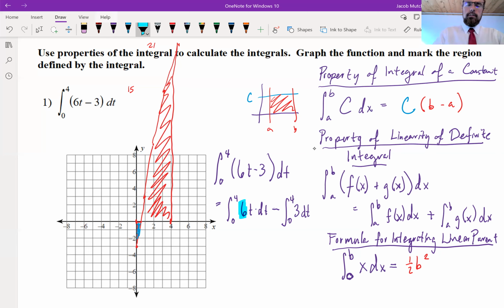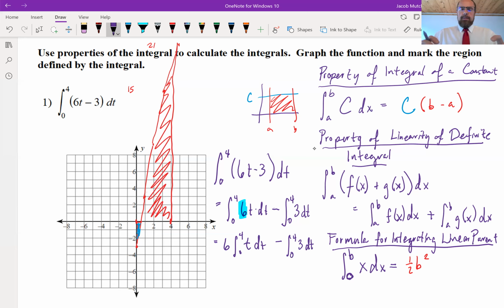So I do want to take one more step to write this as 6 times the integral from 0 to 4 of simply t dt, to isolate this so that it is my linear parent, minus the integration from 0 to 4. Now I don't pass the 3 out because it's just a constant. There's no variable there.